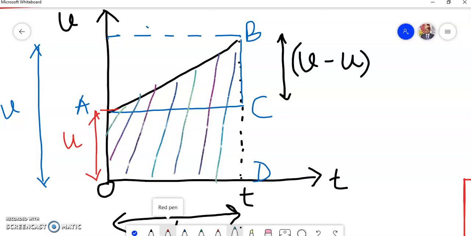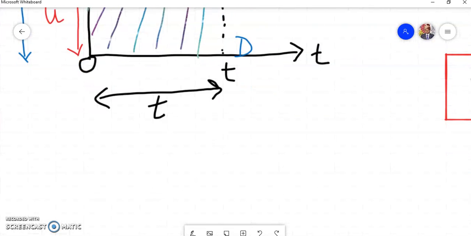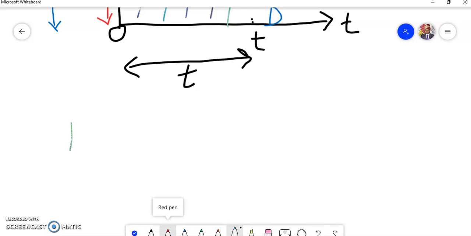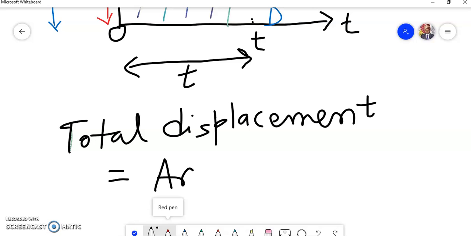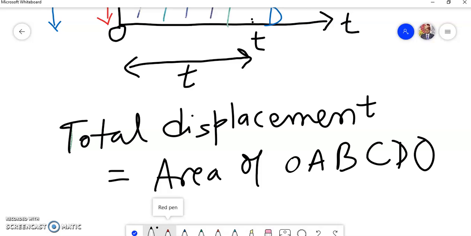How much displacement the object has in this given period of time. So to find this area, since we are using the graphical method, the total displacement will be the area of O, A, B, C, D, O, this whole figure.